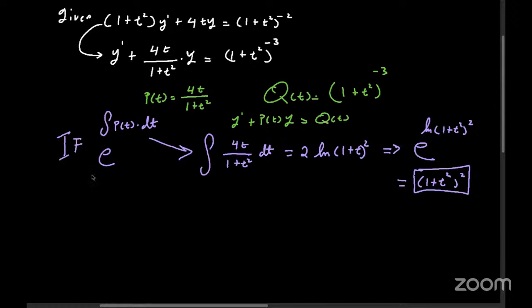Okay. So if I multiply everybody by that, that's 1 plus t squared, squared times y prime.